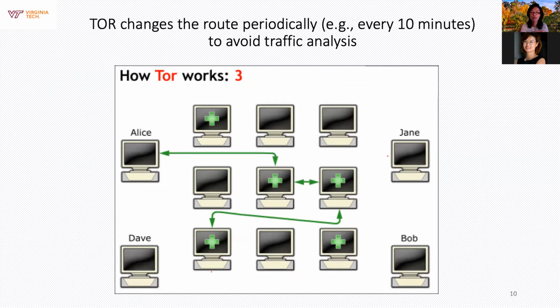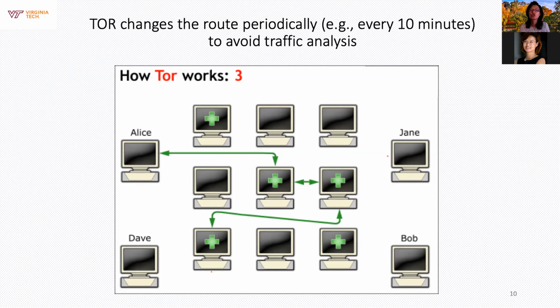And so for each connection, it's end-to-end encrypted. But overall, the attacker does not have the complete knowledge of all the relays. And this is a very important assumption. So we do not assume attackers control all the relays or the majority of the relays.